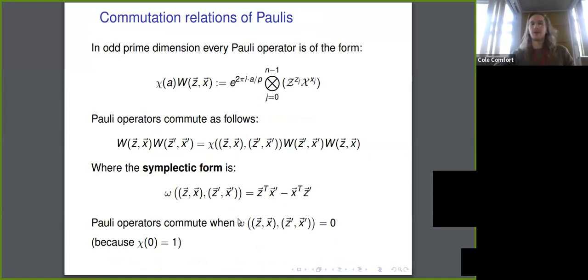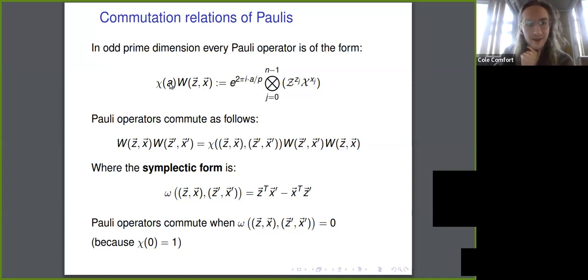Yeah, so now I said there was a fork in the road, and this is the other fork that I took. It's not to add nonlinear behavior, but to add stabilizer phase space behavior. So here I have to make the restriction that the qudit dimension is an odd prime. The reason is that I want all of the Pauli operators to have the following form.